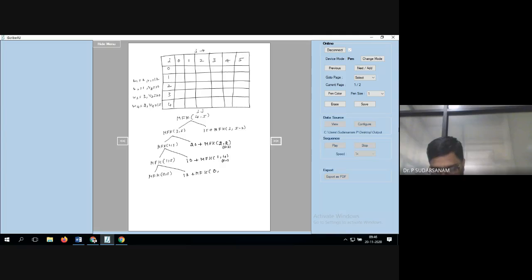Next is j minus w of I. J is 5, w of 1 is nothing but 3, so 5 minus 3 is 2, so 0 comma 2. Now, initial conditions we already told you: whether I is equal to 0 or j is equal to 0, you have to put the values as 0.